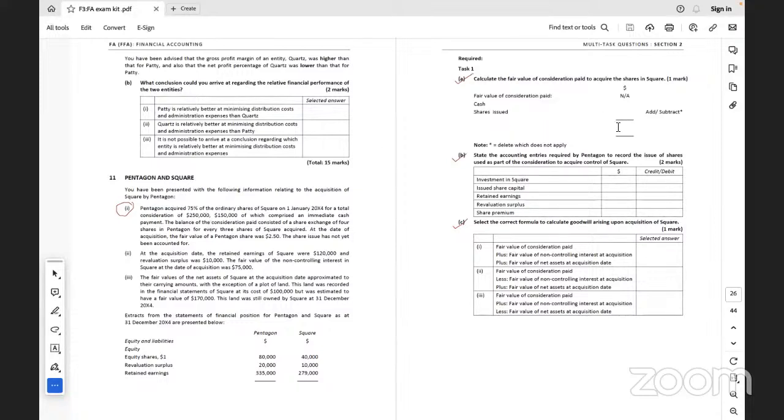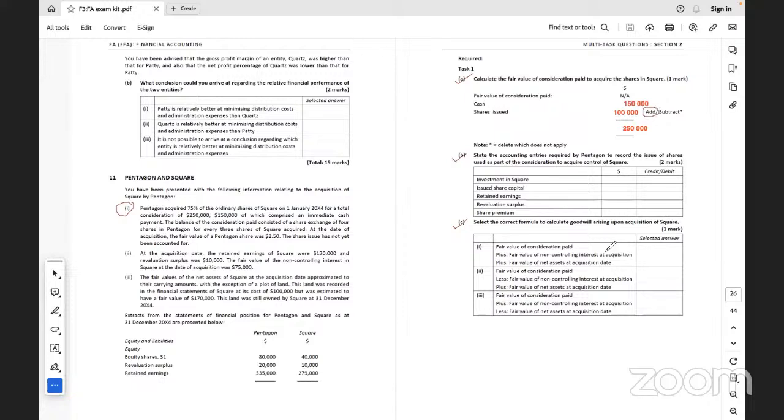So total consideration is 250. From this 250, 150 is immediate cash. I'll put the immediate cash here. Then basic math, the difference has to be 100,000. Totally we paid 250. From that 150 is cash, so the remaining should be 100,000, and it's positive. Then only you will get 250. So therefore it has to be add.